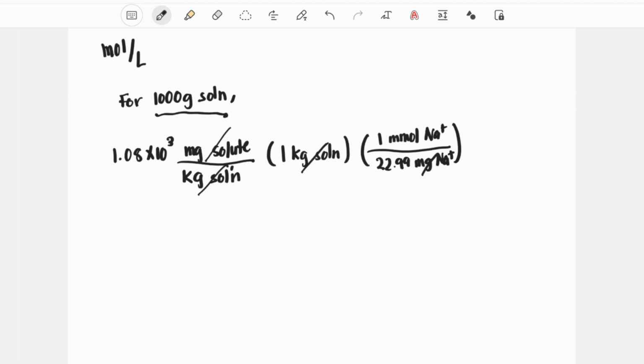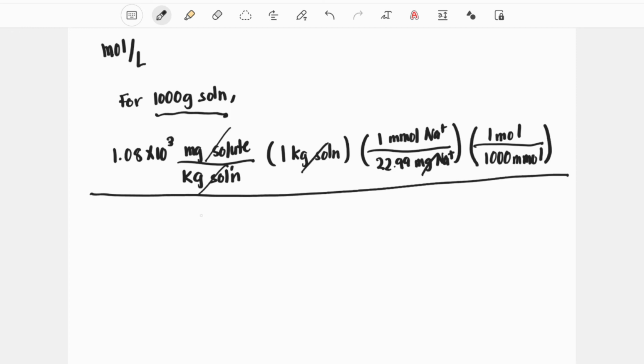Again, this conversion to the milliscale is valid because I'm just applying the same factor to both the numerator and denominator. And I'll just convert this to moles. Again, 1000 millimoles for 1 mole.